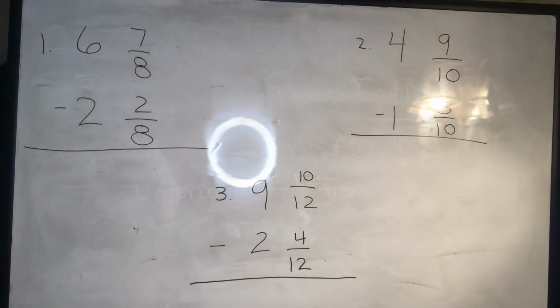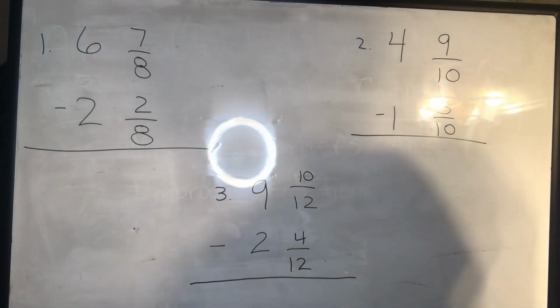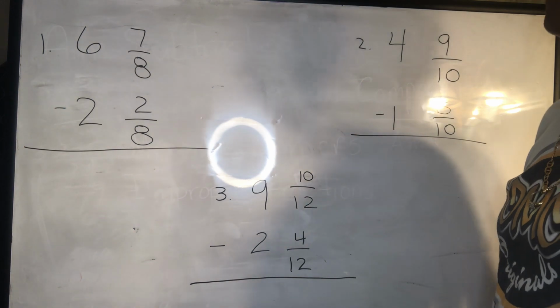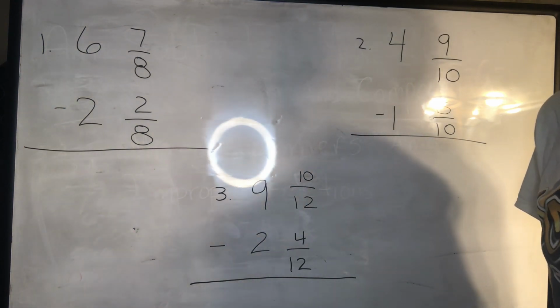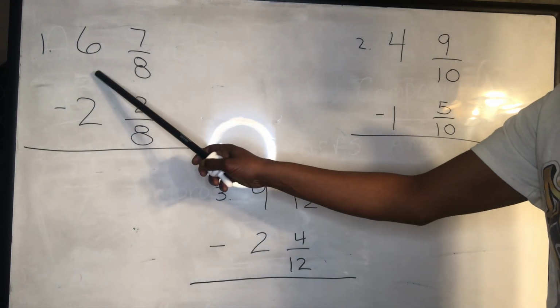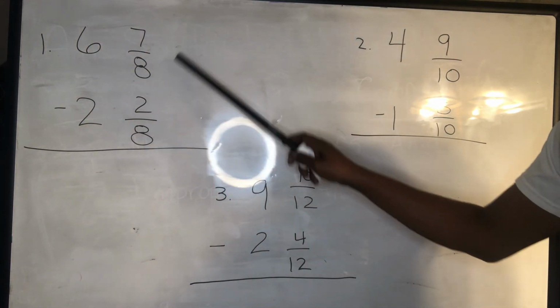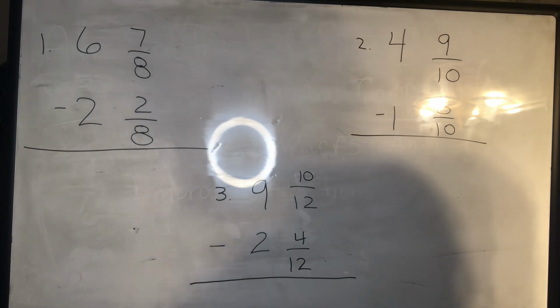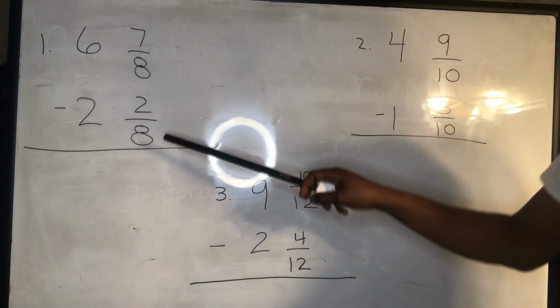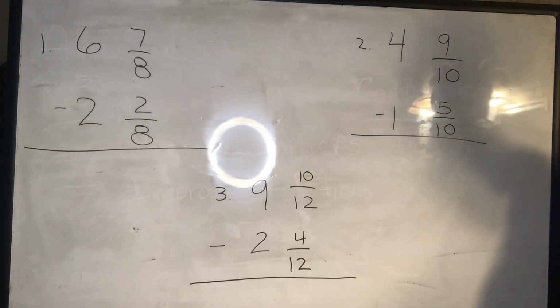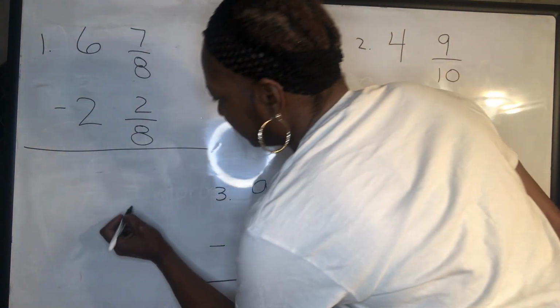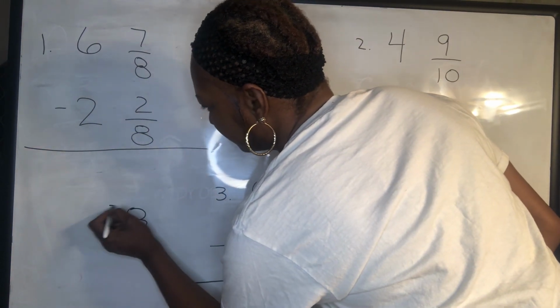All right, so we're going to start this problem just like all our other problems. With mixed numbers, which are a whole number and a fraction, we always start with our fraction side first. So, like we've been doing, what is our denominator? 8. All right, so 8 is our denominator.